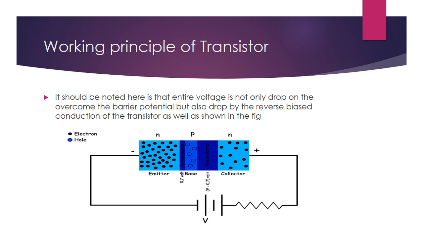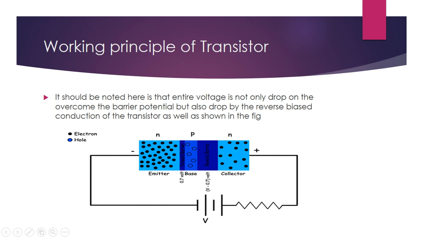It should be noted that the entire voltage does not drop here. Here we see the entire voltage consists of the PN junctions. This is the forward bias region and this is the reverse bias region.